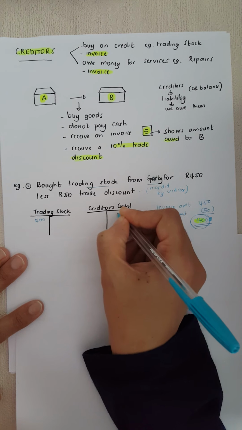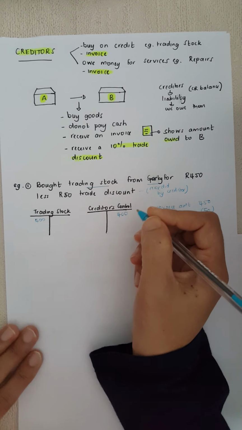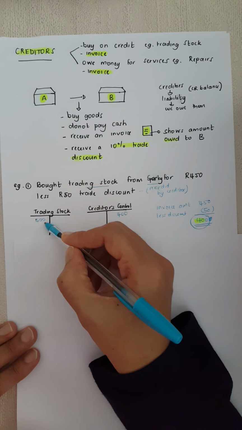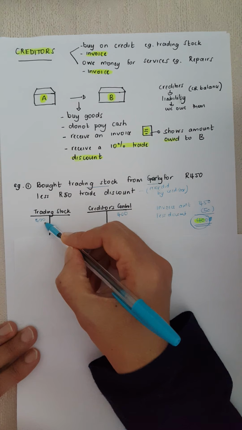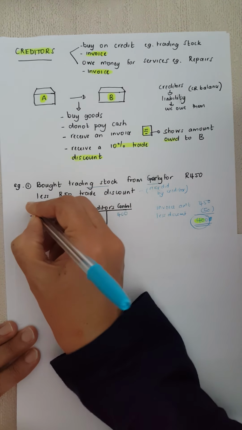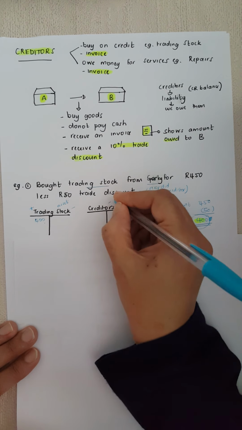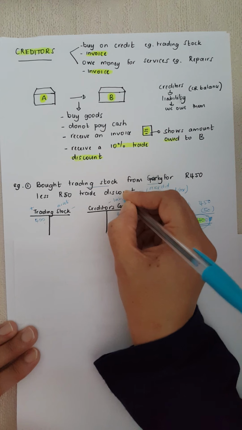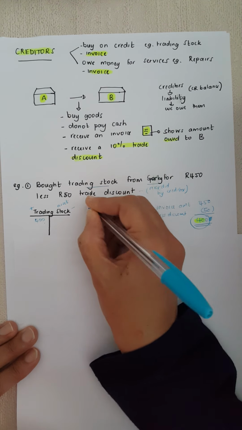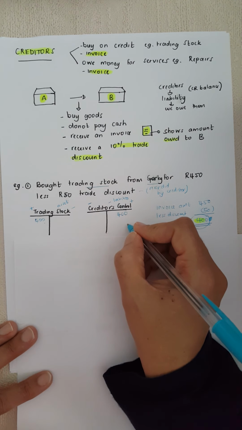I'm going to credit my creditors control with 400 Rand. So what have I done in this transaction? Stock has come into my business. Stock is an asset, so I've debited my asset. It has a debit balance, so it's increased on the debit side. And this becomes a liability. My liability is increasing, and it increases on the credit side. So I've credited 400 Rand in my creditors control.